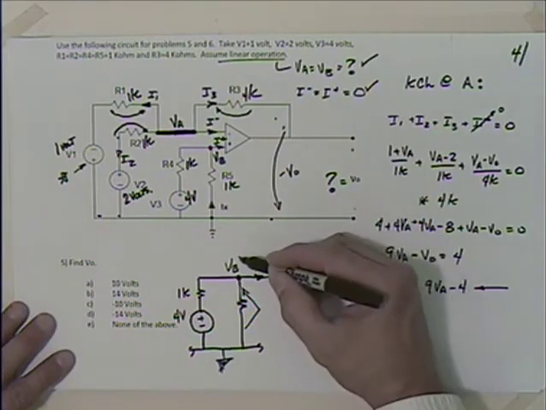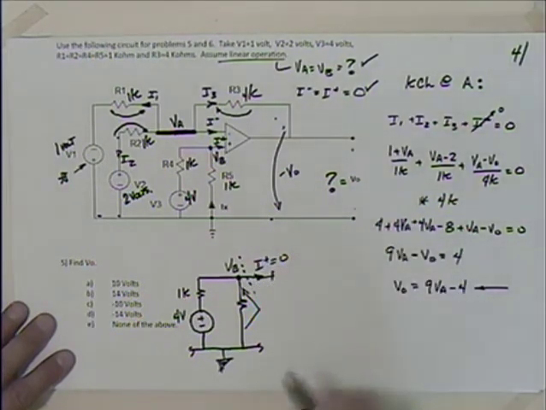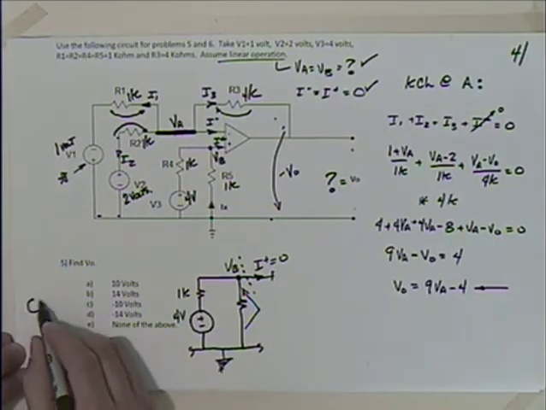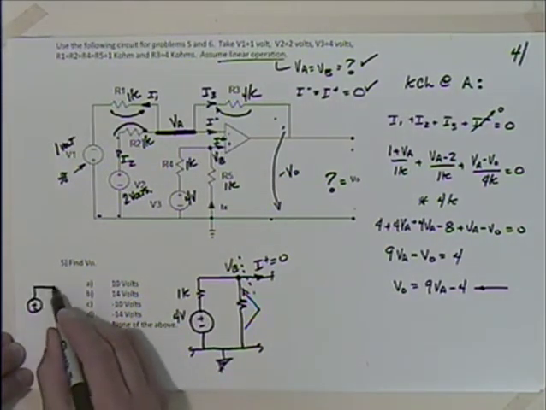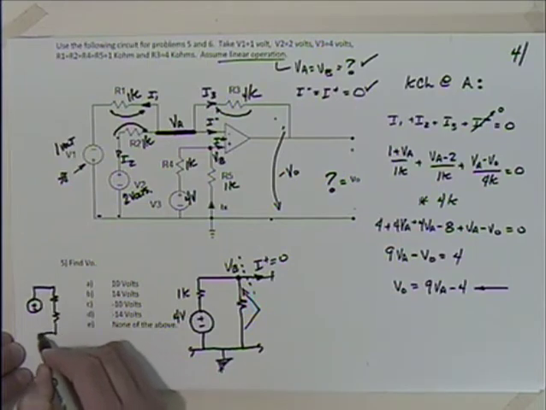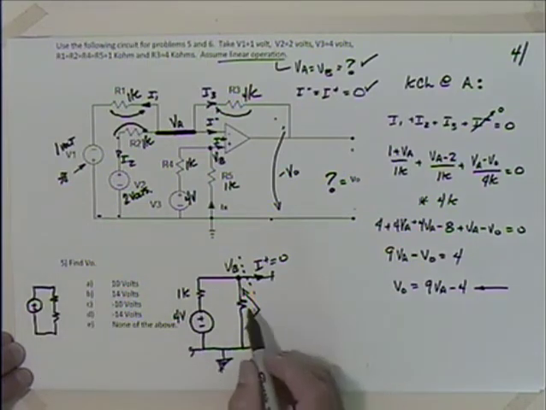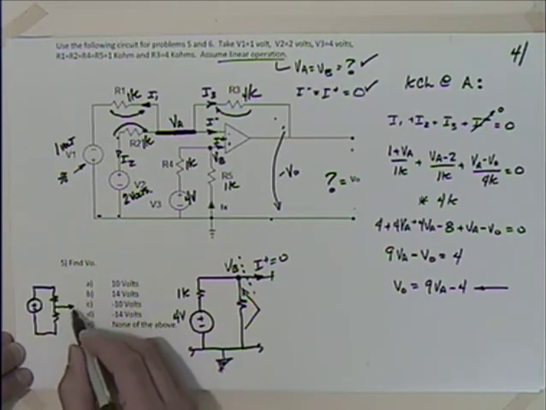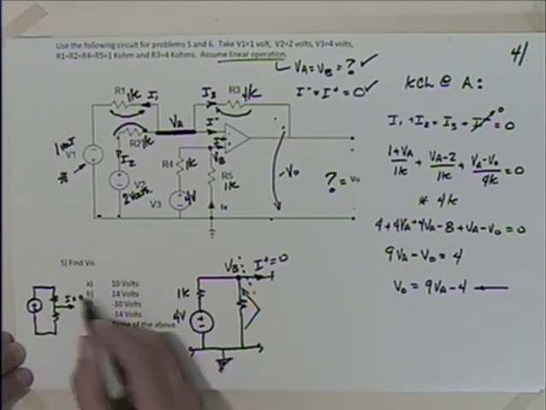So effectively, that branch doesn't exist, and we have our classic situation where we have voltage division. We've seen this many times. You have the source, you have a resistor like this, and a resistor like that. That's exactly what we have here, as long as this current is equal to 0.